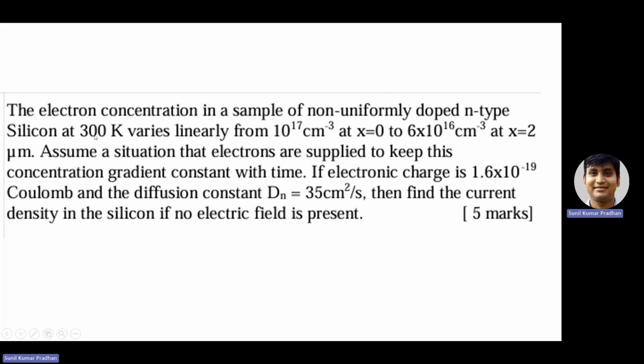So electric field is 0 here because no electric field is present. So what is the current density? Current density, as you know, will be the summation of drift current density and diffusion current density. But drift current density will be 0 because there is no electric field. So the current density is only due to diffusion current density, right?